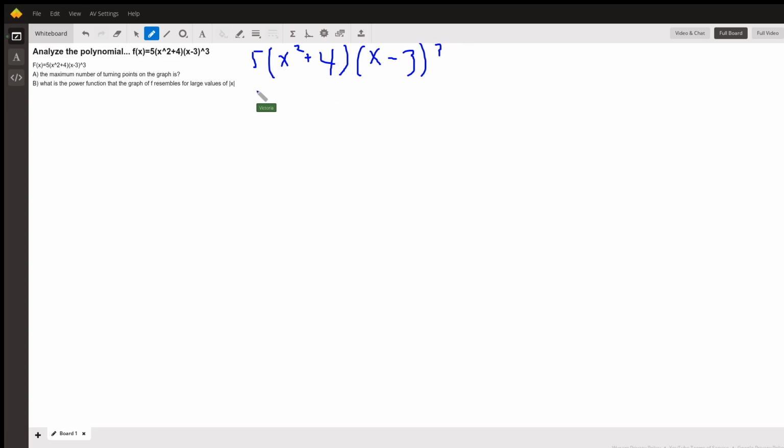So if you think about it, the highest power on x, we got this 5, we're going to have an x squared, and if x got big, this 4 wouldn't matter. And then here, if x got big, this 3 wouldn't matter, and we get an x cubed. So this is really like 5x to the 5th.